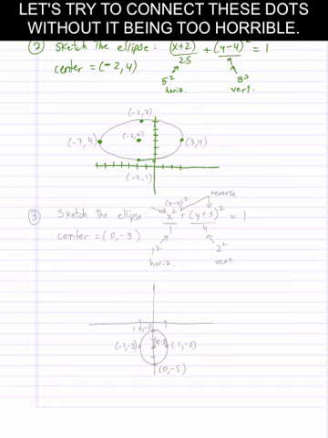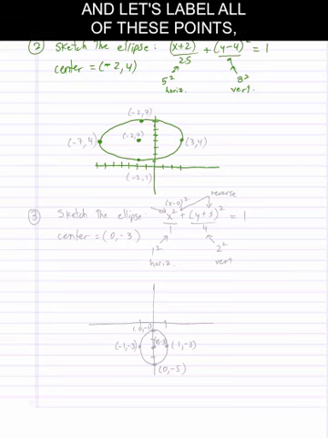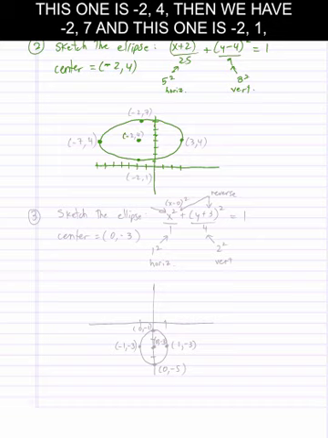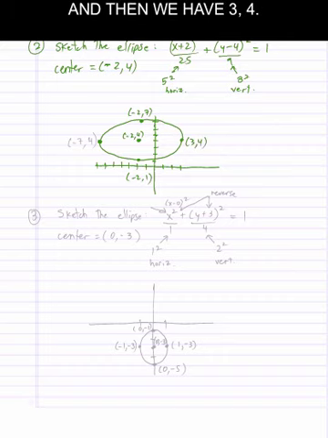Let's try to connect these dots without it being too horrible. And let's label all of these points. This one is negative 2, 4. Then we have negative 2, 7. And this one is negative 2, 1. And then we have 3, 4.